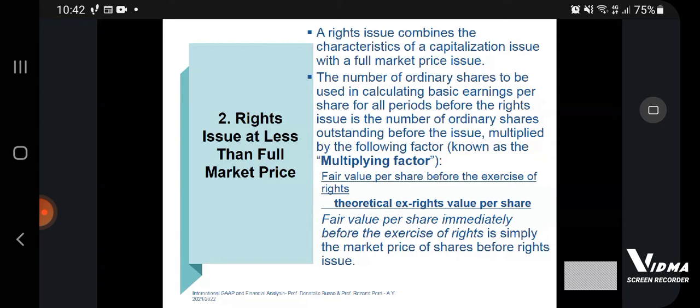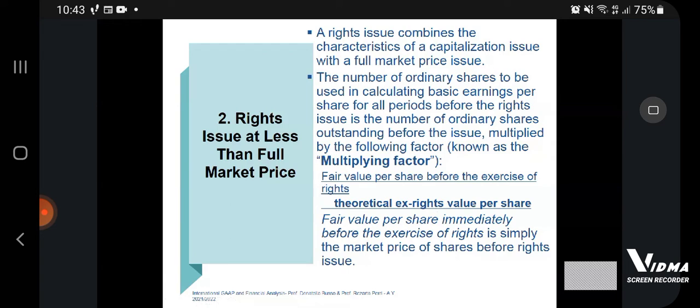The number above, the numerator, is the price of the share before I issue the rights. So what was the price of the share in the market before I was issuing these rights? That's easy, that is understandable, right? The only thing that I struggle with, and I need some guidance how to calculate, is this one over here, theoretical X rights value per share.